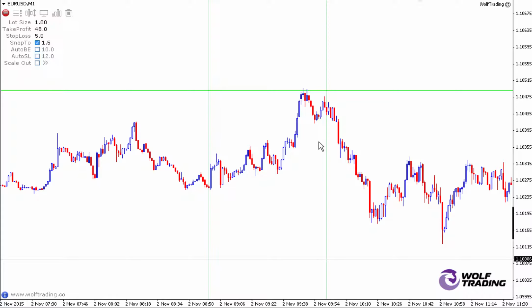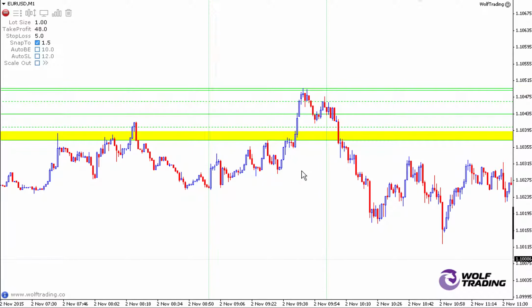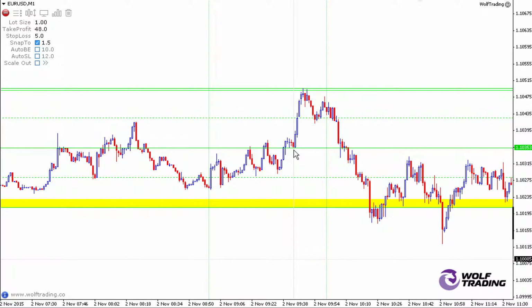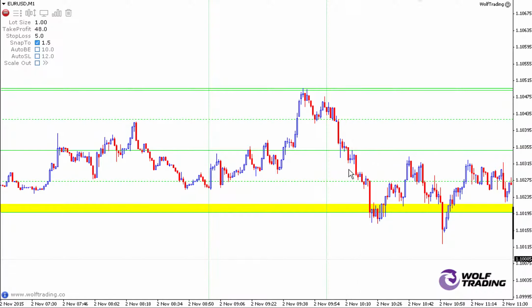Okay, let's analyze the move. Now, once again, we look at the move from its outset and say it came from there. We're expecting it to go down here. Now, we don't get significant pullback through here. We do have a slight wick there.